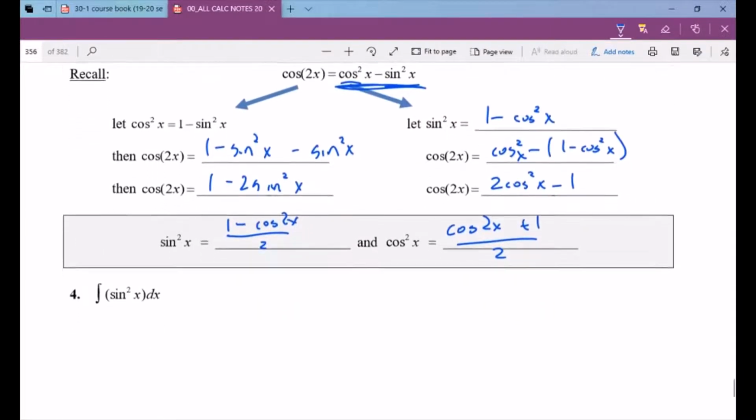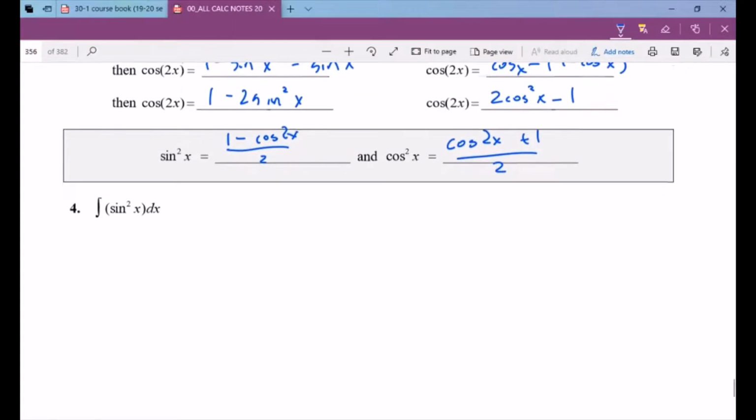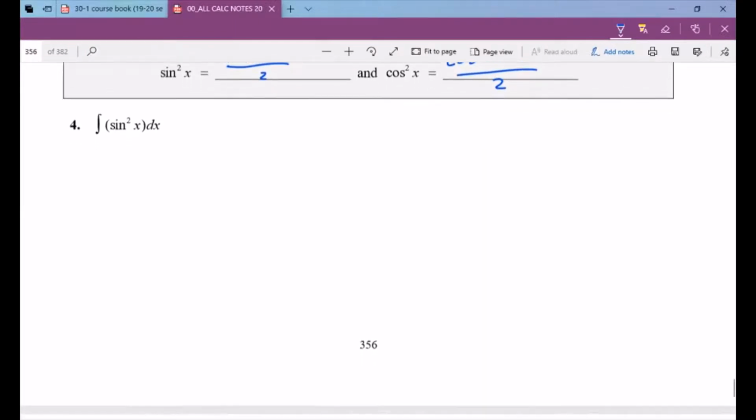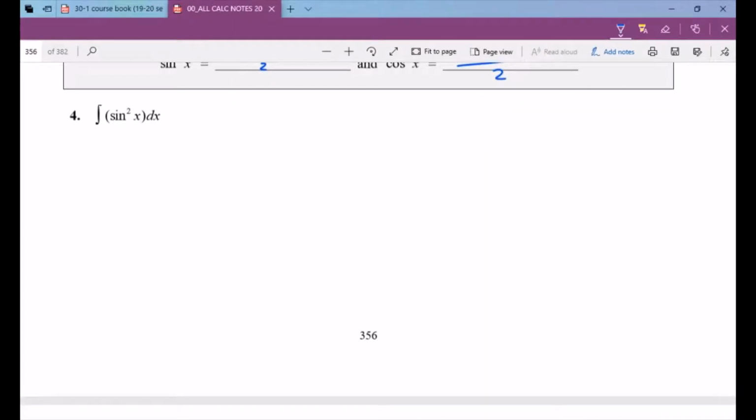So in this question number 4, if we have sine squared x. So type 3, remember if you just have sine or cos and your power is even, let's change this around and we're going to call that equal to the integral of 1/2, it doesn't matter, 1 minus cos 2x dx.